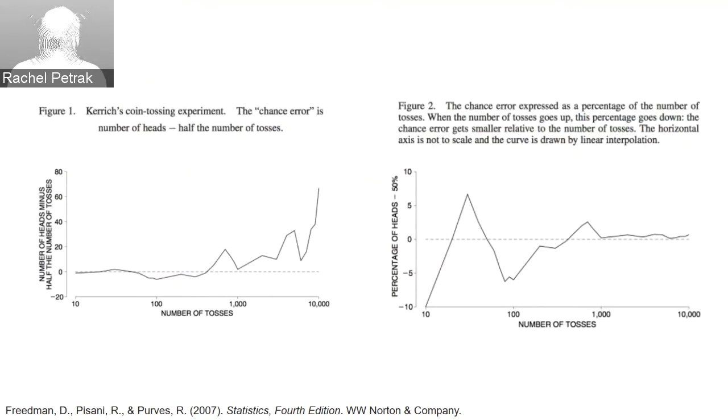So we'll see as we go that the number of trials, the number of instances, the number of participants, in this case the number of tosses, as you have an increasingly high number of tosses or sample size, you're going to see a relatively smaller chance error.